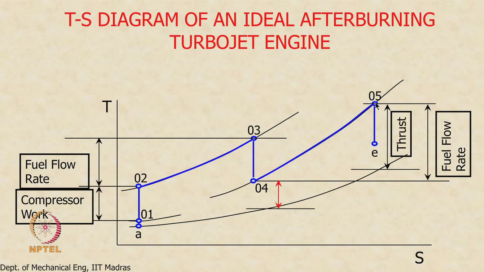Then we expand this in the nozzle. Notice that because we are now burning fuel here also, in addition to this fuel flow rate, there is also an additional fuel flow rate between 4 and 5, correct? Because we are adding fuel and burning it here in the afterburner duct.